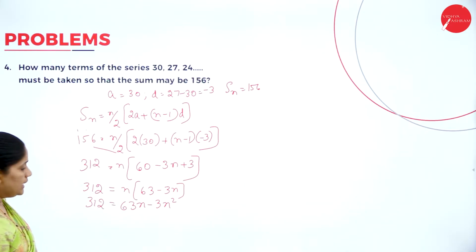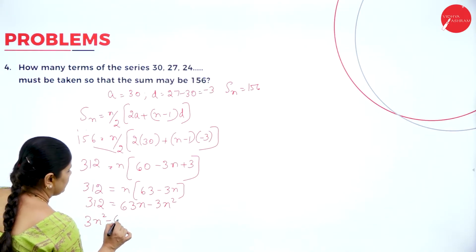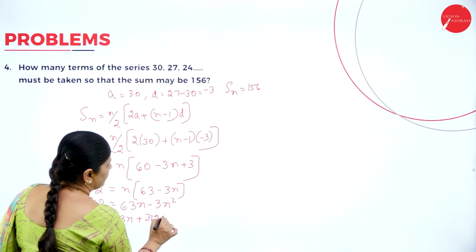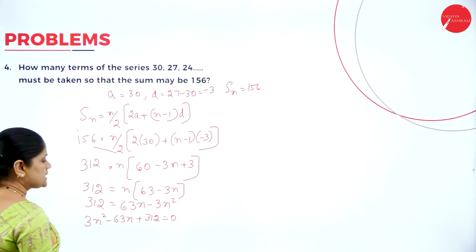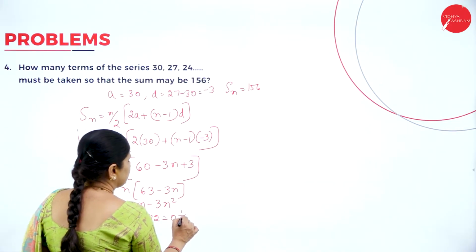So I bring it to the left hand side of the equation. So 3n square minus 63n plus 312 equals 0. So this entire equation I divide by 3.